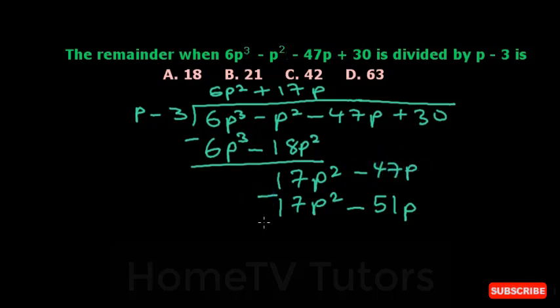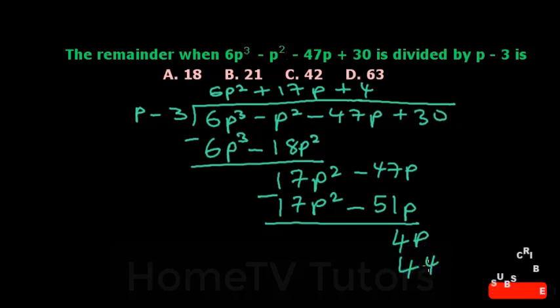Alright, now we minus again. 17p raised to the power 2 minus this will give us 0. So minus 47p minus minus will change to plus. So minus 47p plus 51p will give us 4p. Okay, p divide 4p will give us plus 4. 4 times 4p will give us 4p.